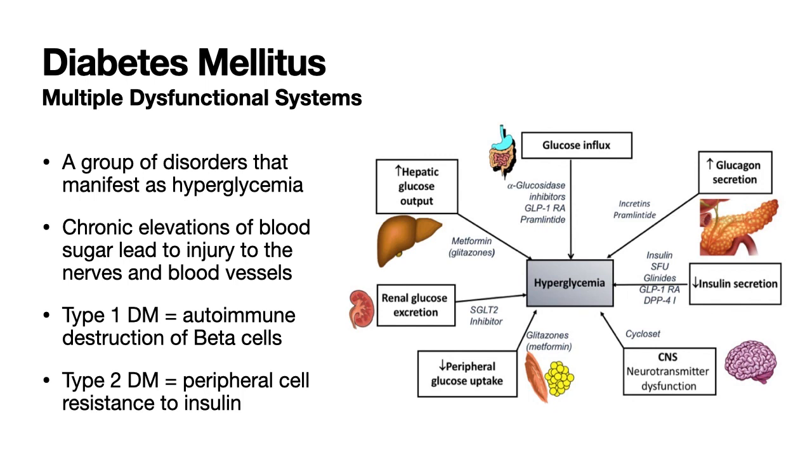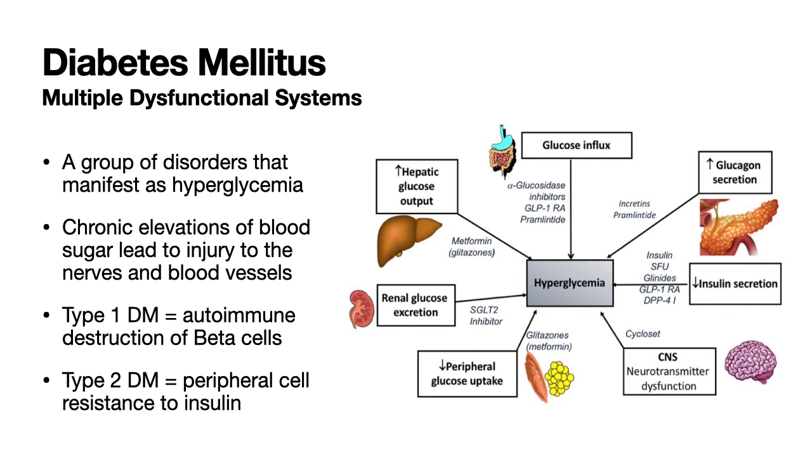Their insulin receptors do not create insulin effects, and therefore, at the end of the day, glucose is not able to enter the muscle and the fat cell, and that reflects as high levels of glucose in the blood, diabetes mellitus. So, what is shown here in the image on the right is the pathophysiology of type 2 diabetes mellitus. There are many dysfunctional processes that all lead to hyperglycemia.